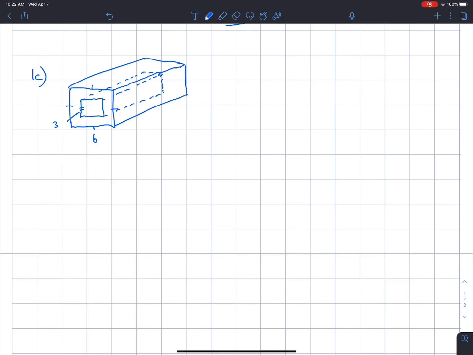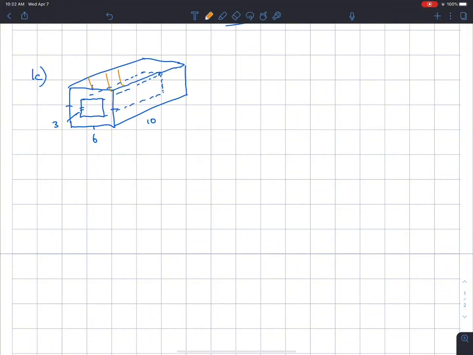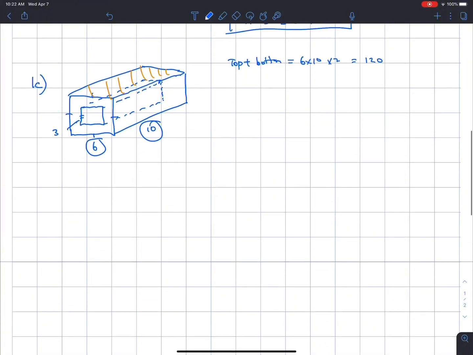Okay, and that's 10. So this will be my top piece. So I will have top and bottom. It will just be 6 times 10 because the bottom piece is a 6 times 10, and then times 2. We get 120.